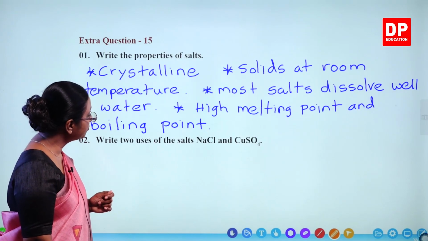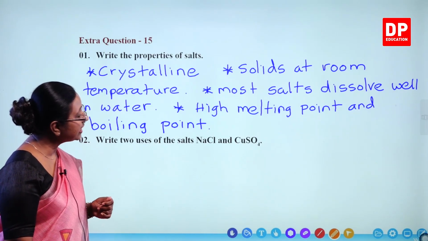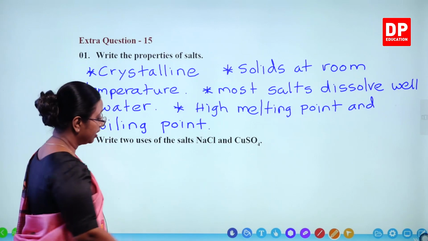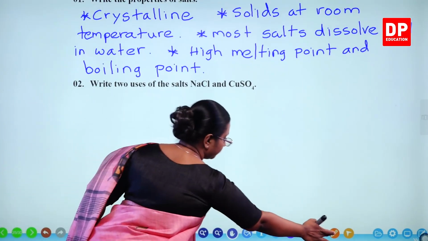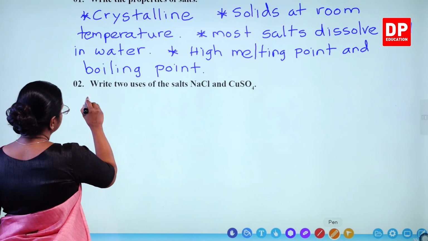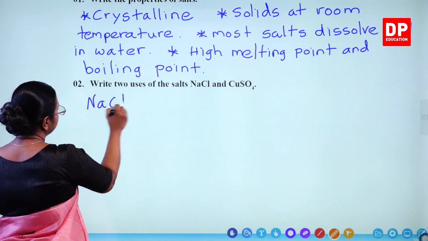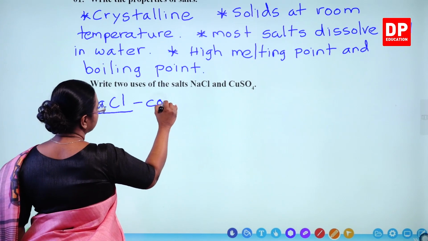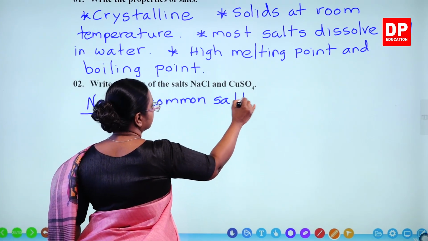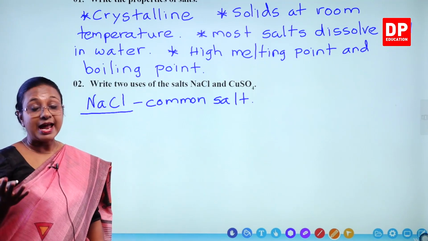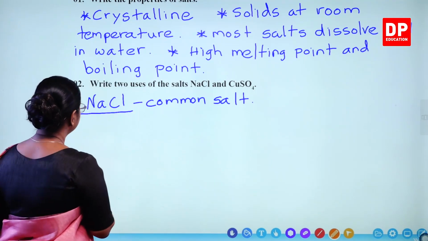Then write 2 uses of the salts NaCl and copper sulfate. So for what can you use sodium chloride? Sodium chloride, that is NaCl, the common salt. Added to food as an additive.